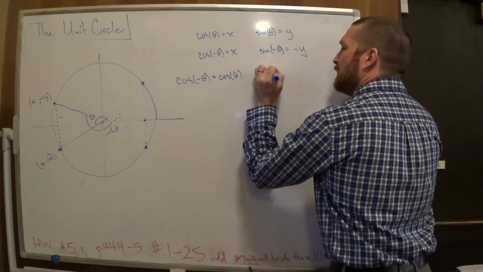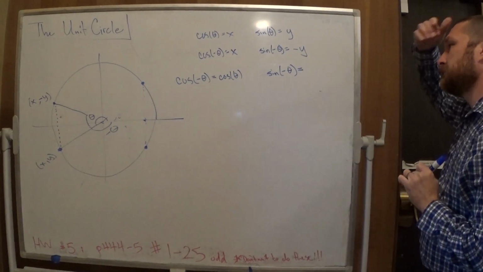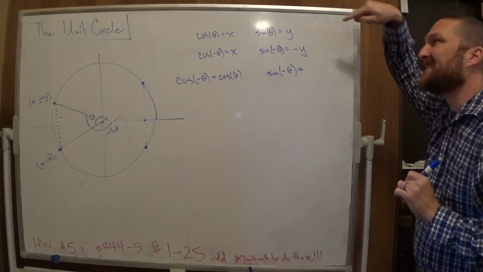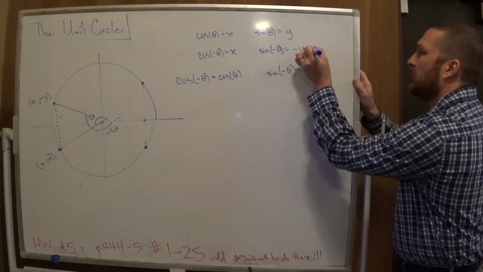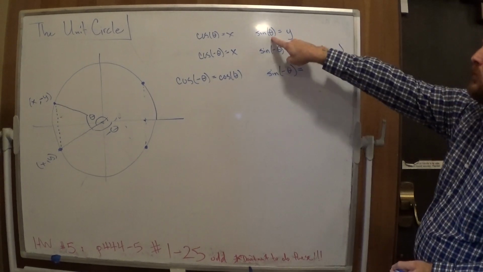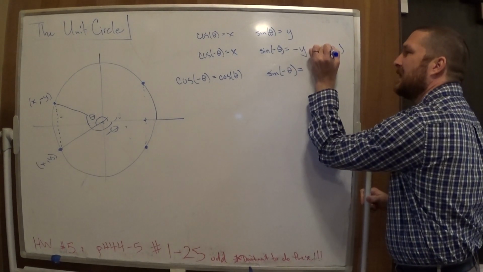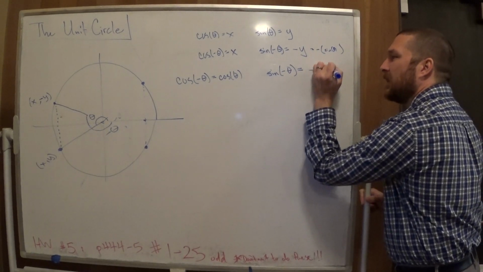So then sine negative theta is equal to what? Negative sine theta, right? Because if that's y, negative whatever y is, what was y? Well, we just said y was sine. So it's negative sine theta.